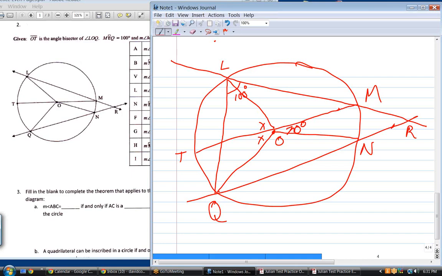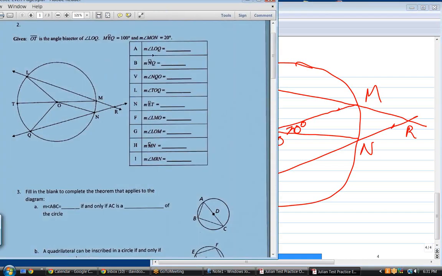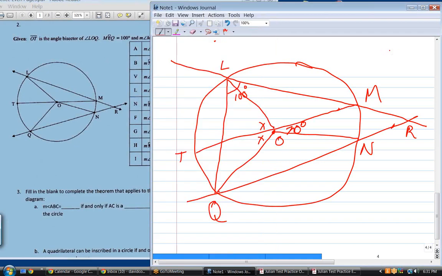Well, I'm thinking about how to go about doing this. Good grief. Well, first thing they want is the measurement of LOQ, which is 2x. But we can't give that answer.